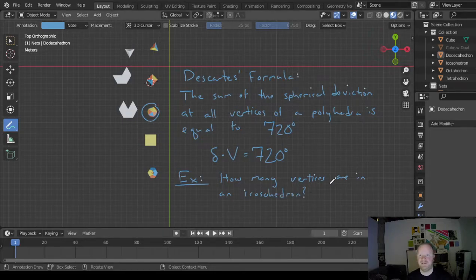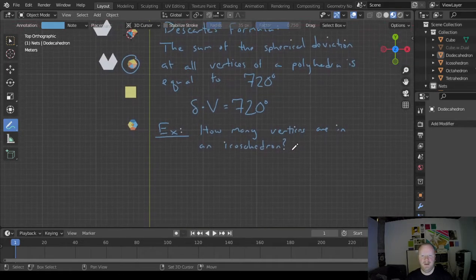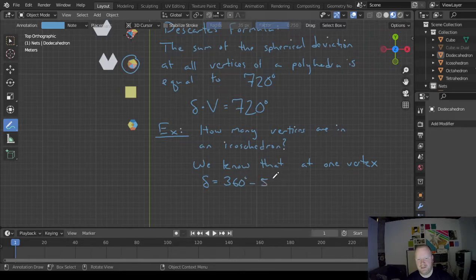Let's say we know that at one vertex, the spherical deviation is going to be equal to 360 degrees minus 5 of those triangles.